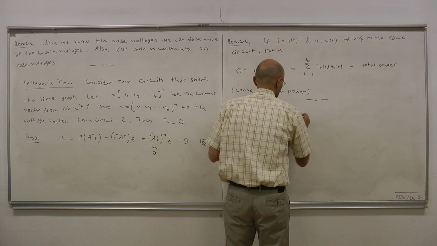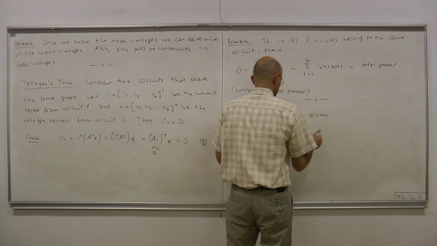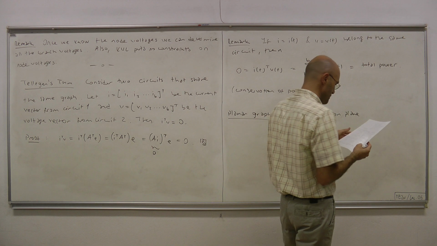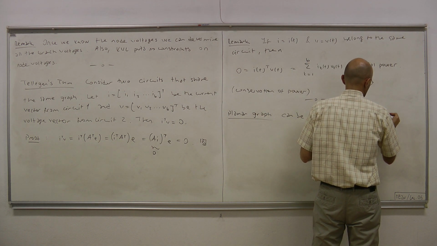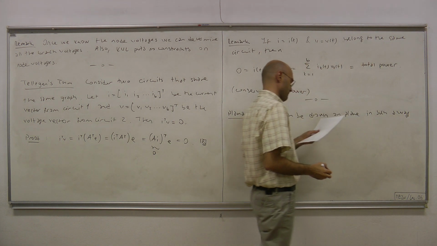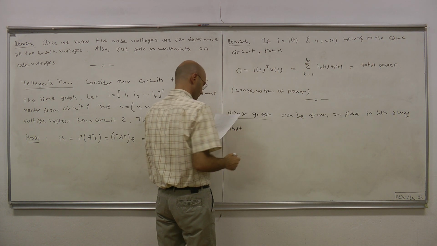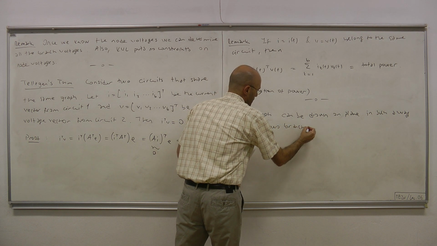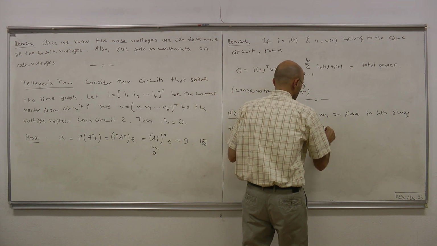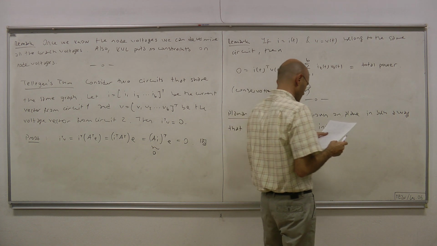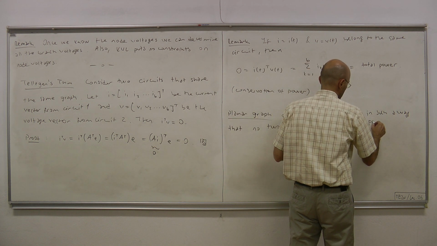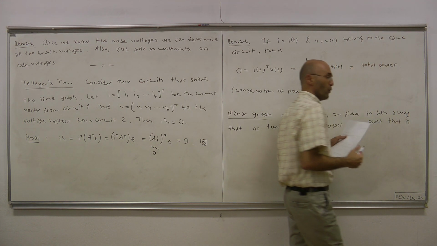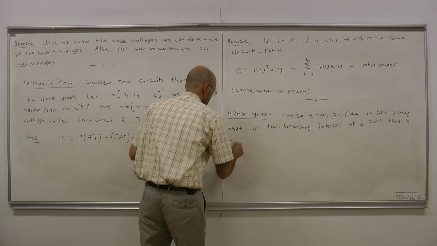It can be drawn on the plane, okay, on a two-dimensional surface in such a way that no two branches intersect, cross one another at a point unless that point is a node.